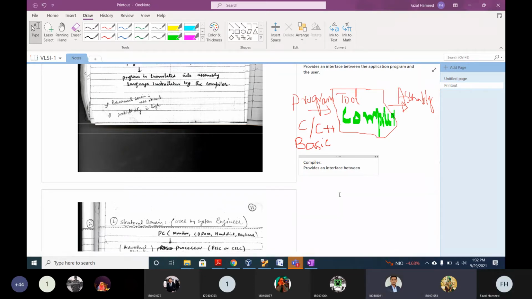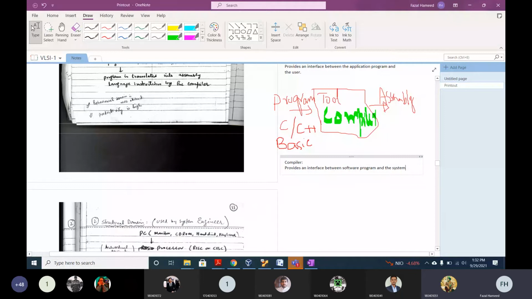Sir, high level language and low level language. From the user perspective, it provides an interface between the software programmer and the system. What is your system?